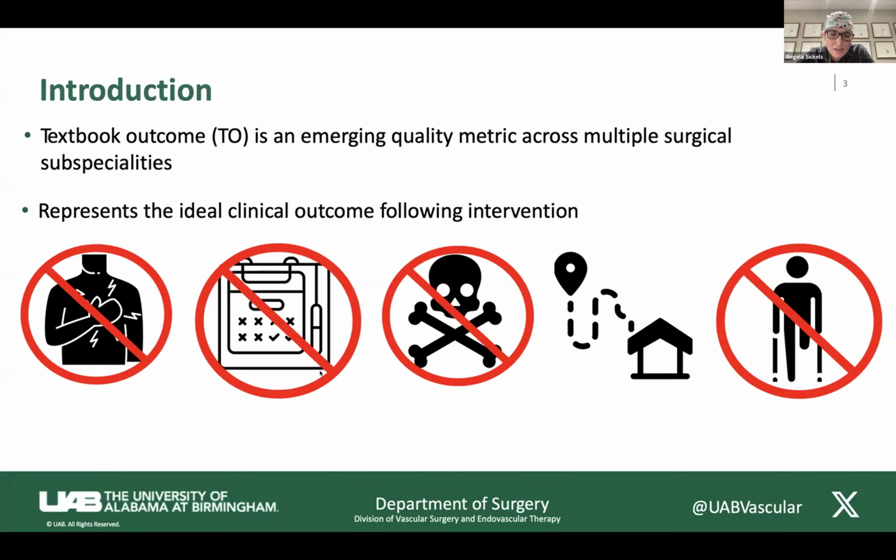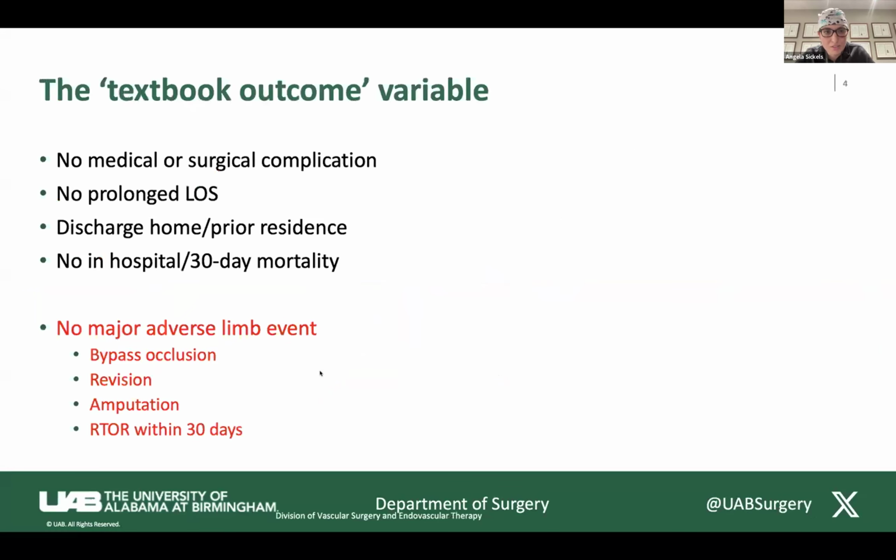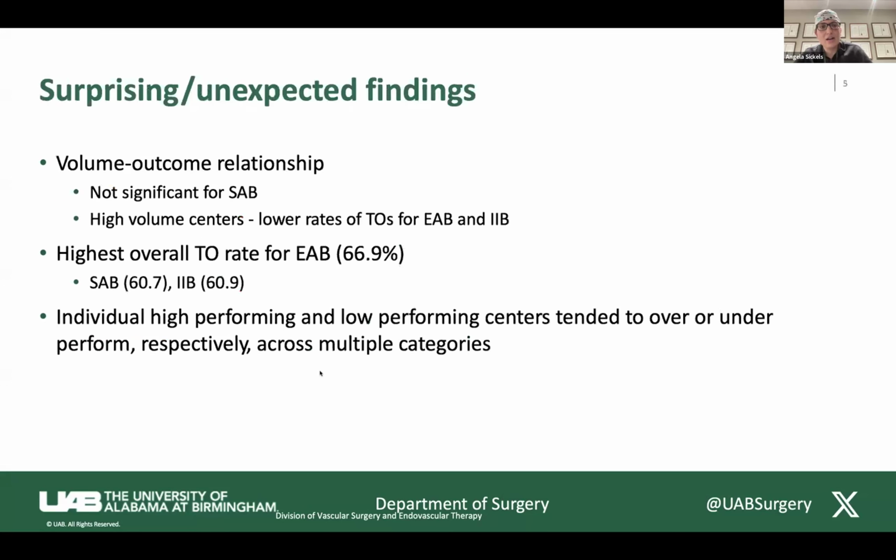And that's been done in, for example, the surgical oncology space as well, when they talk about getting an R0 resection, that's added into their definition of textbook outcomes. So it is modifiable based on the procedure. And so as I discussed, we incorporated the main themes that are present across textbook outcomes generally, as well as no major adverse limb events.